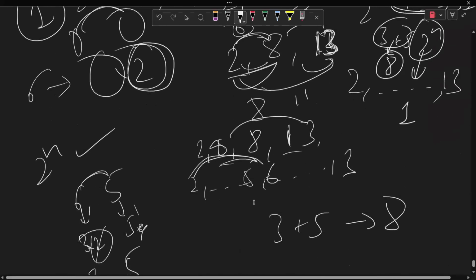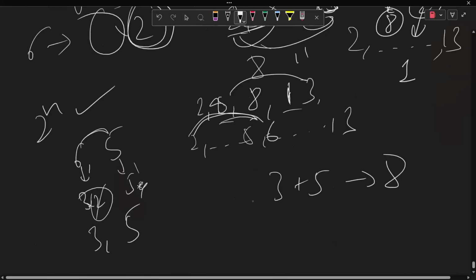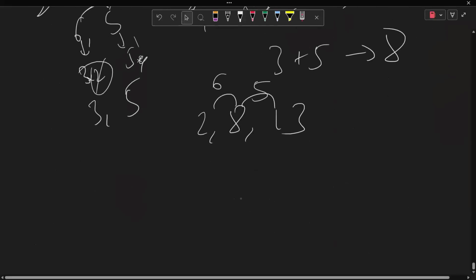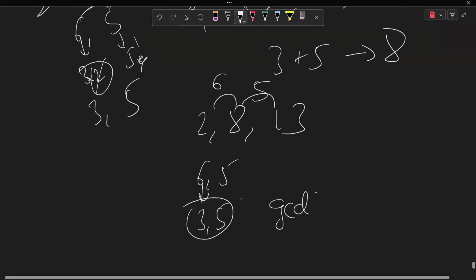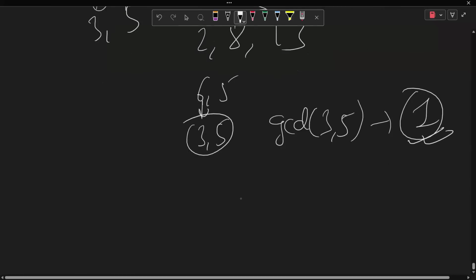Here you see, in this 2, 8, 13, the differences were 6 and 5. First remove all the 2's from it. It became 3 and 5. Take the GCD of 3 and 5. It is 1. Since the GCD is 1, you would say, yes, this is a brilliant set.